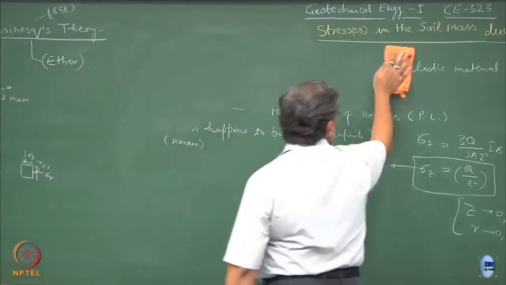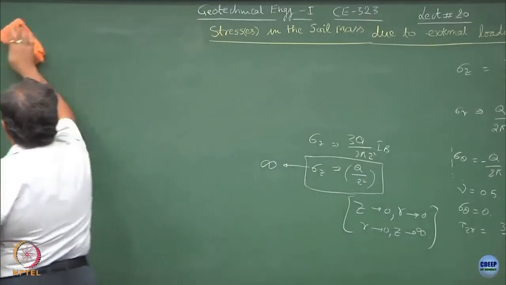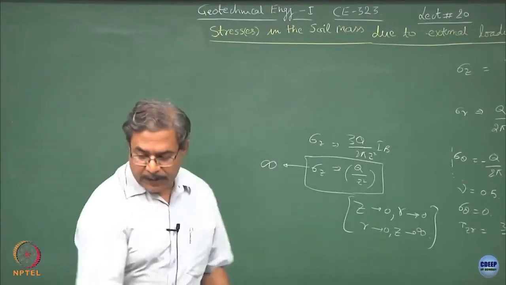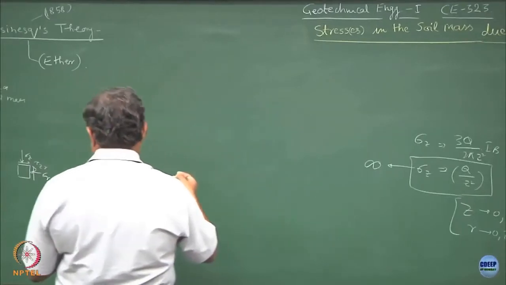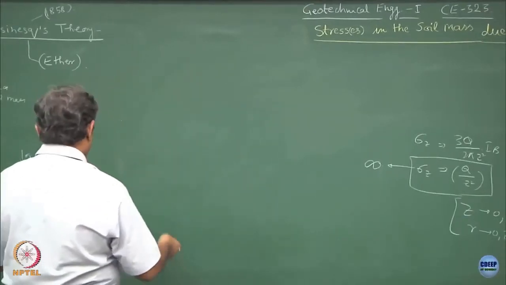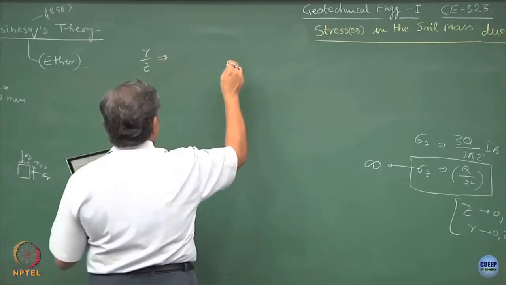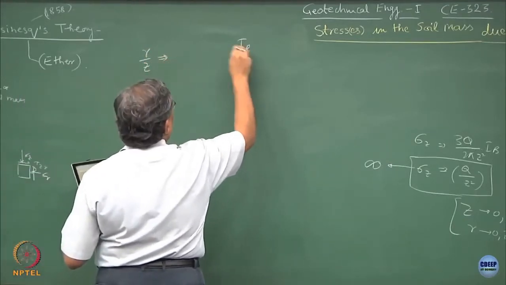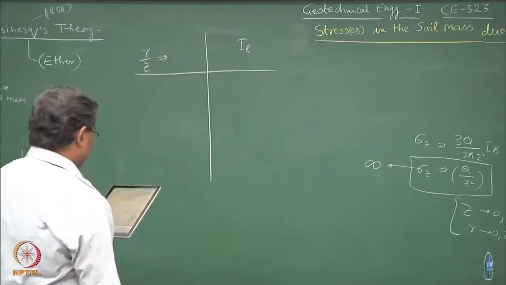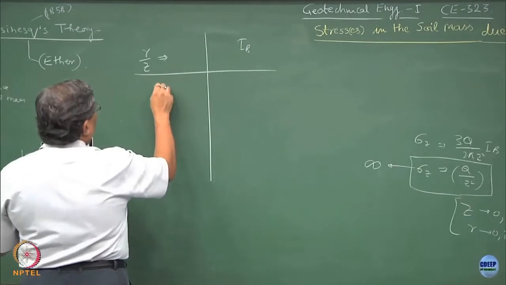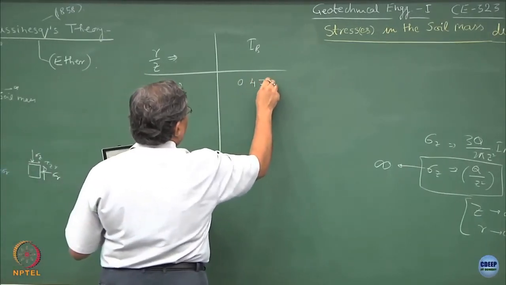So, if you look at this influence chart, if I substitute the values of R and Z, and if I get the values of IB in that expression, for R by Z equal to 0, the IB is 0.4775.